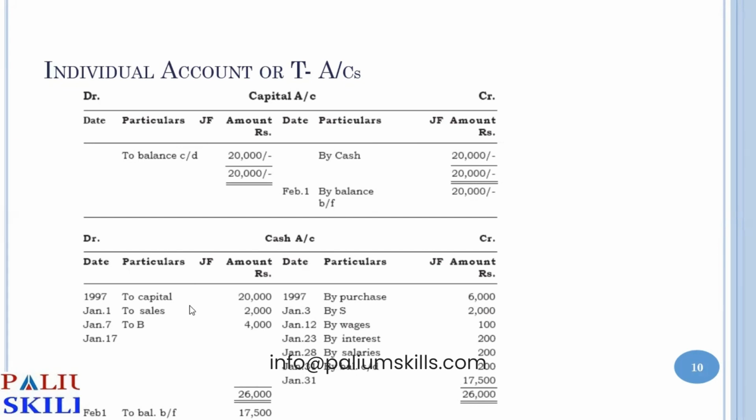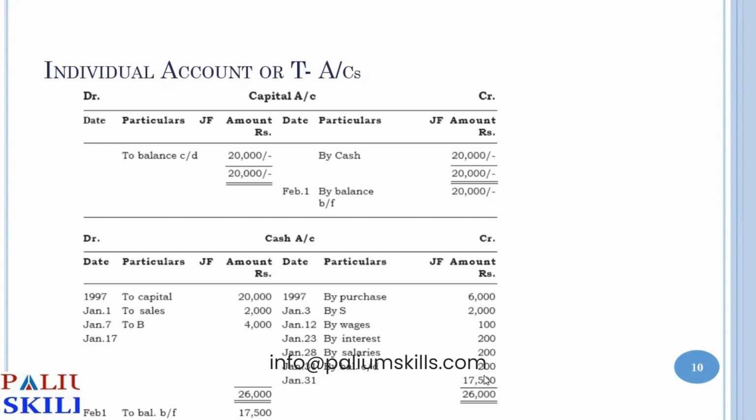Here the total of debit and credit was 26,000. So there was a difference here. So the total becomes now 26,000. So this is the balance which has been carried forward. So the difference amount is 8,000, 600, 7,700.